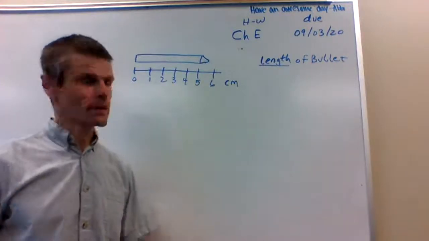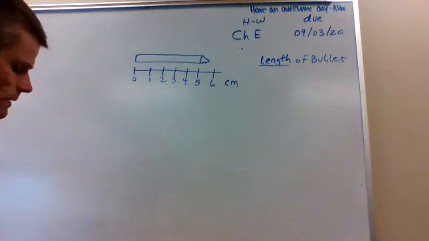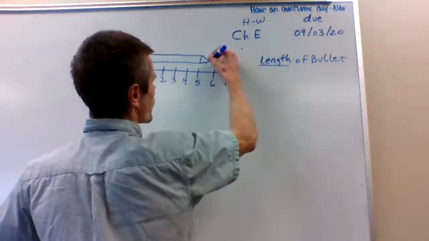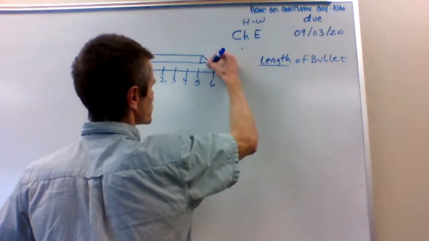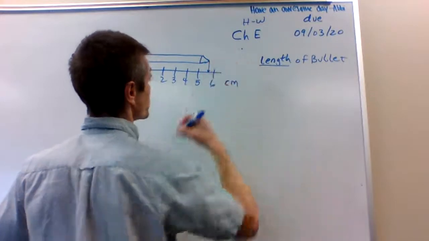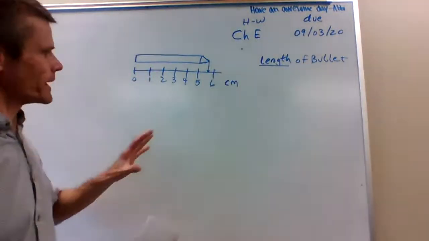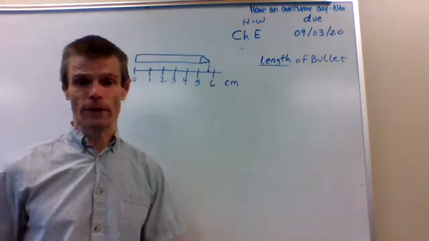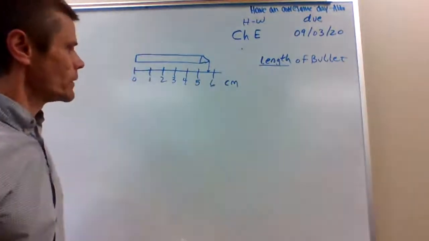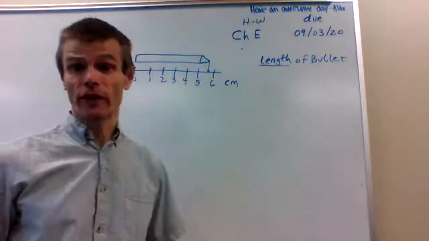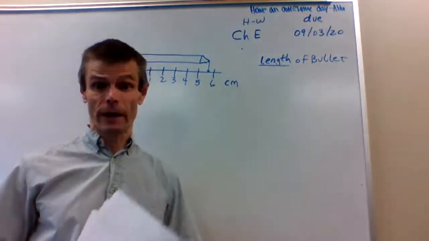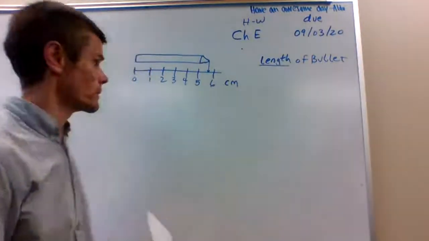Okay, if you stopped it, let's think about the length of the bullet. So we're going to report the length of the bullet using this measuring device. And again, we're following our rules and understanding why we report a certain number of significant figures.